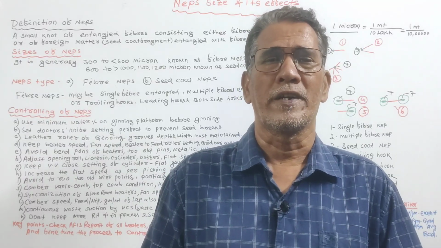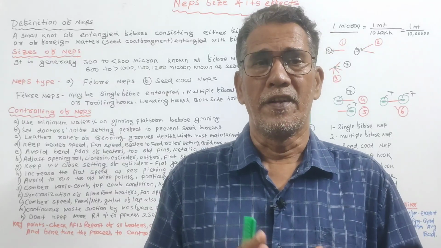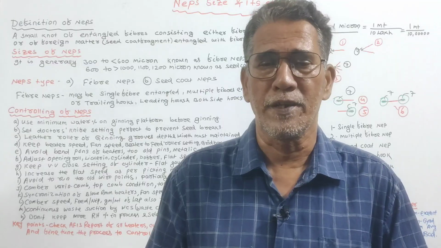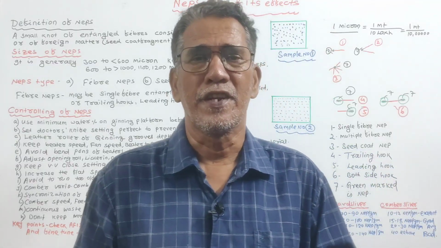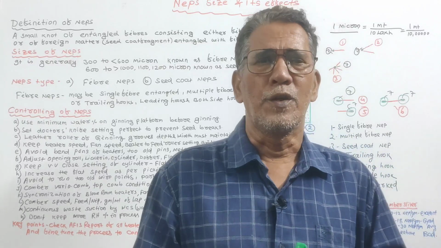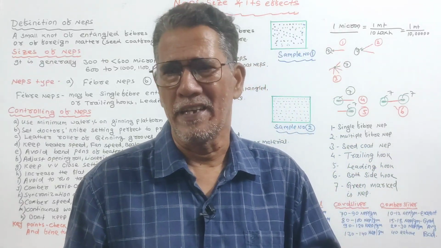Today we will discuss nep size, nep quantity, and how to control them in the spinning or ginning process. Neps are an important matter in the case of cotton yarn.